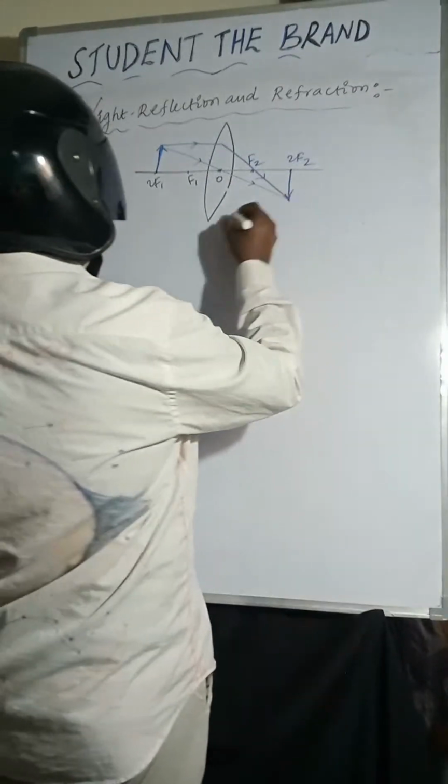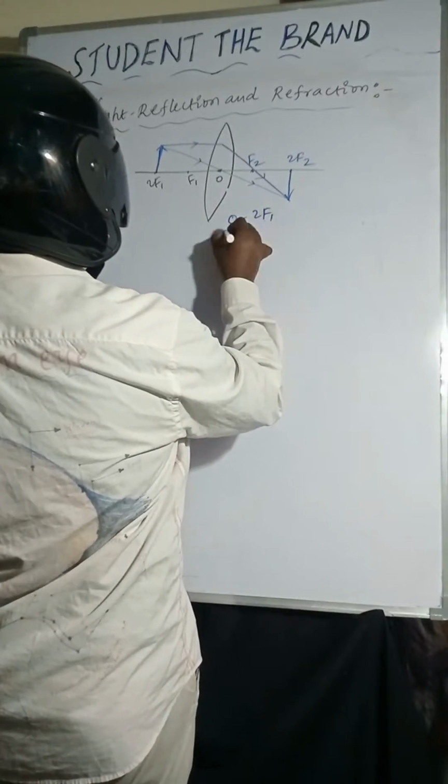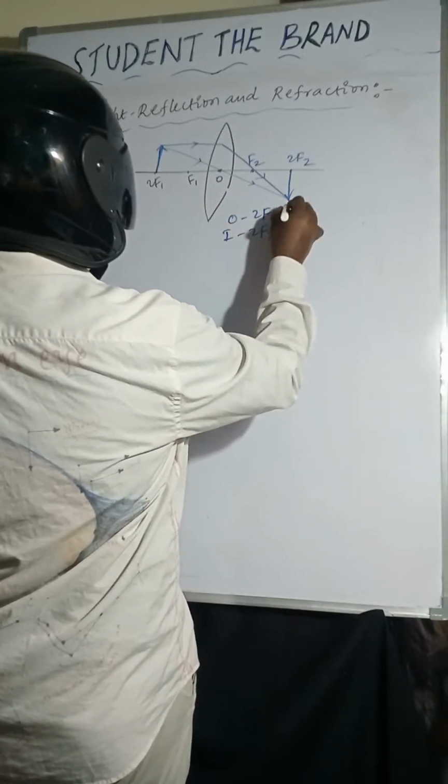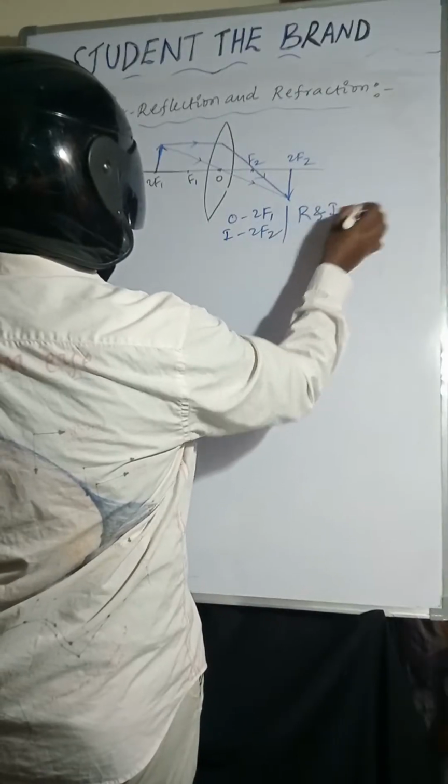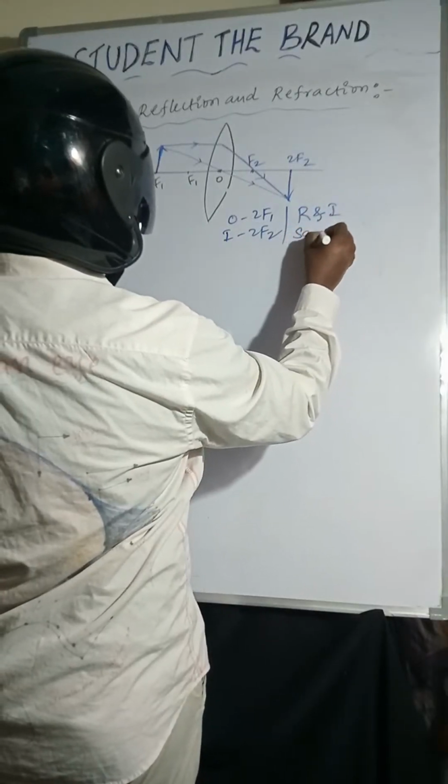Object is at 2F1, image also at 2F2. Nature of the image is real and inverted. Size of the image is same size.